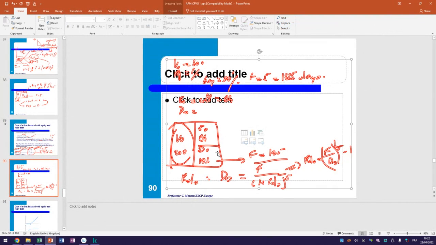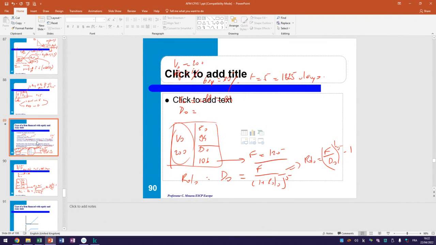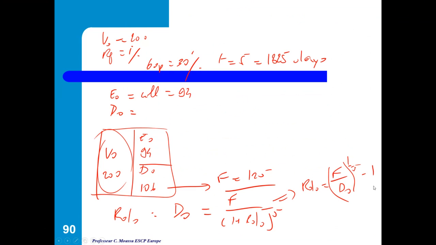Fantastic. Oh, no. Very bizarre. Okay, so the yield here, I know how much it is. 335%. And it means that the spread is 235% because the risk-free is 1%.